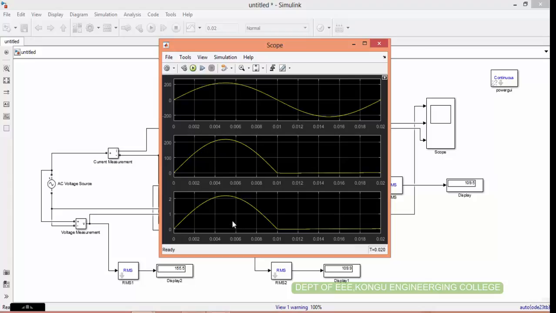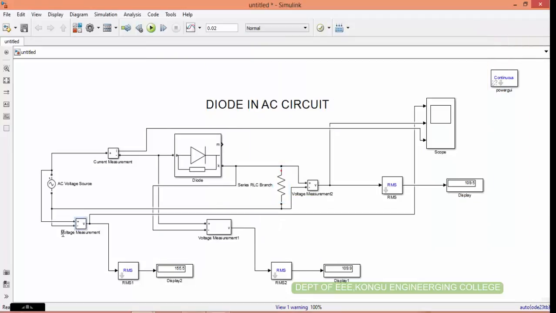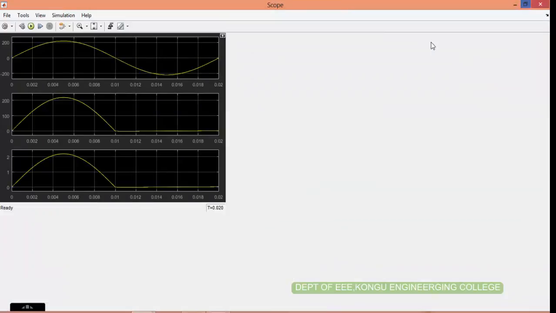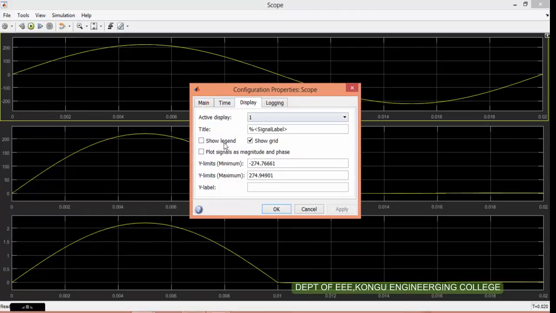You can see that this is our input and these are our outputs. Let us change the names: source voltage, diode current, diode voltage. Now go to the scope and get the legends. Configure parameters, display.